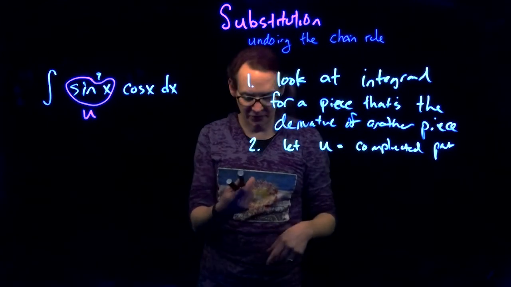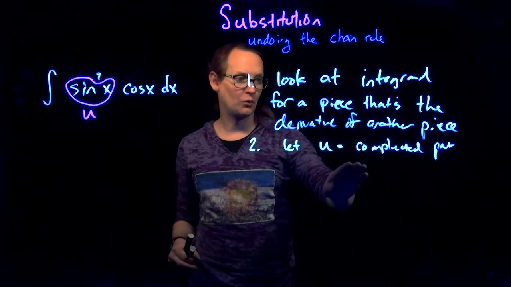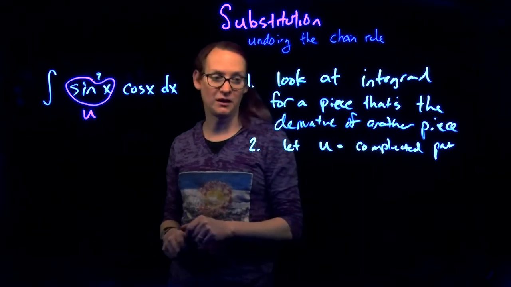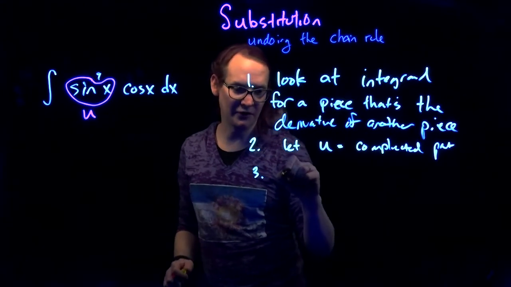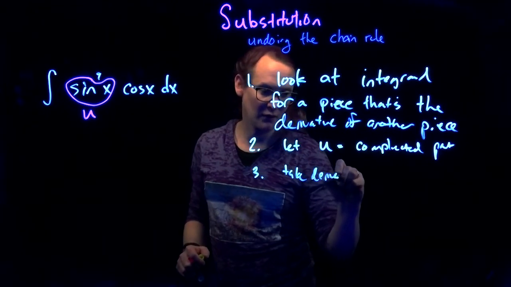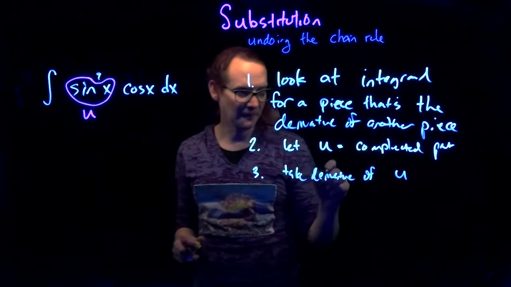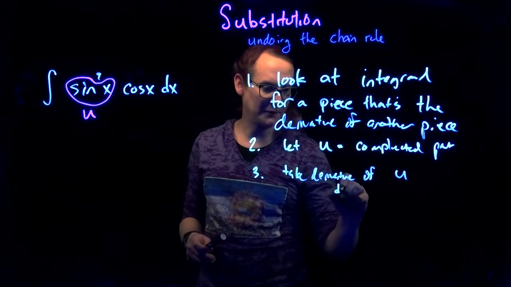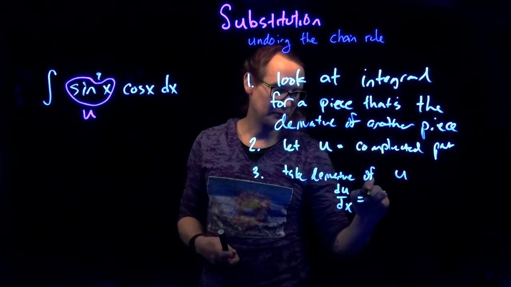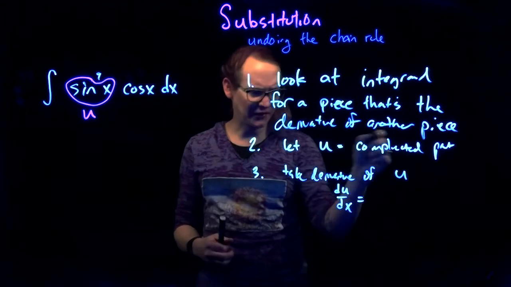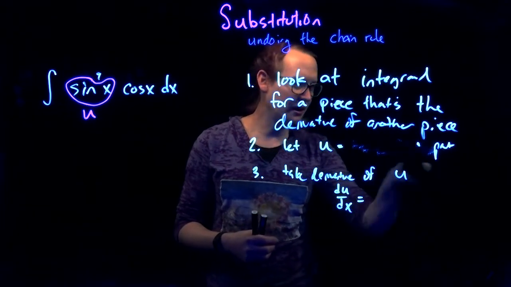So this is going to be the thing that's the derivative of another piece, and then I will let that be u. Then I'm going to take the derivative of u, and so I'm going to have du dx is equal to, and now I didn't say what u is going to be equal to, so I should name that symbol in this piece right here.